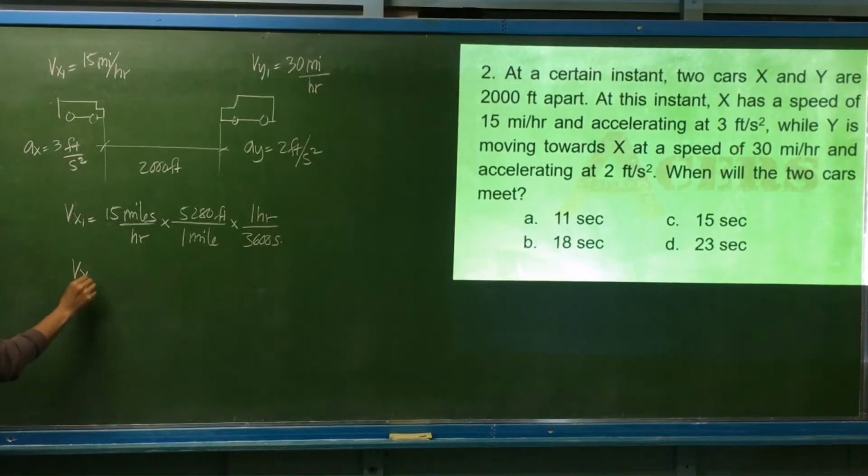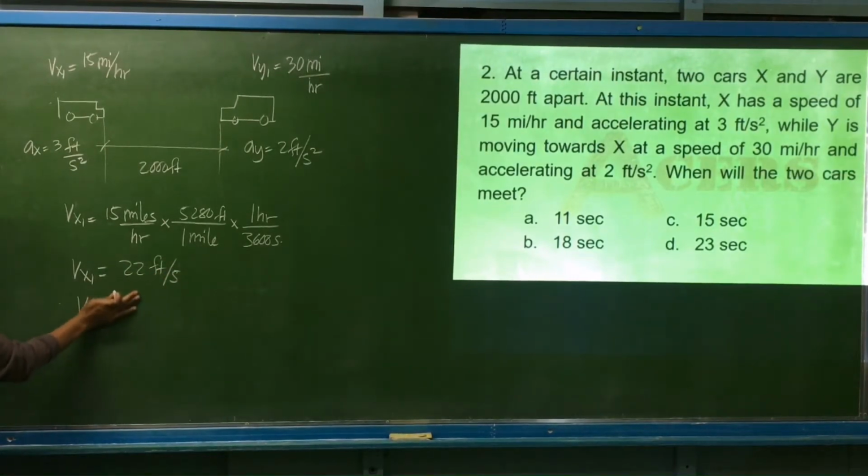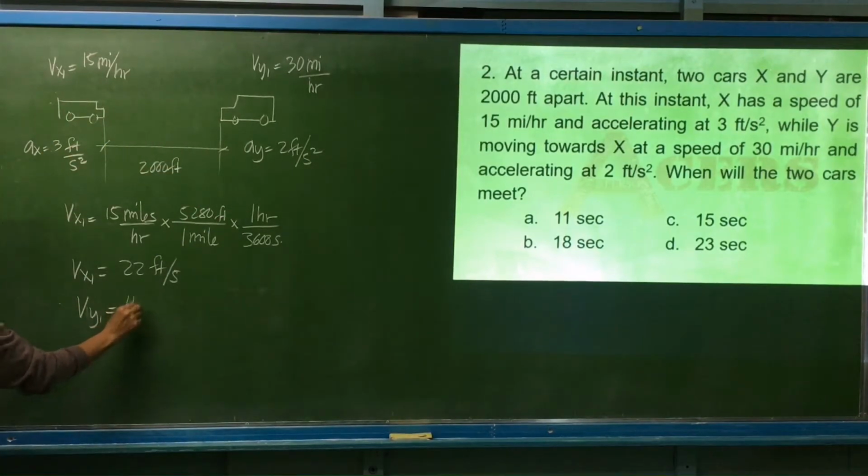So you have the initial velocity of car X, and we have 22 feet per second. Well, the initial velocity of car Y, let's say this is v y1, is equal to 30 miles per hour, so all you have to do is multiply by 2. This is 44 feet per second. So you have the initial velocities.